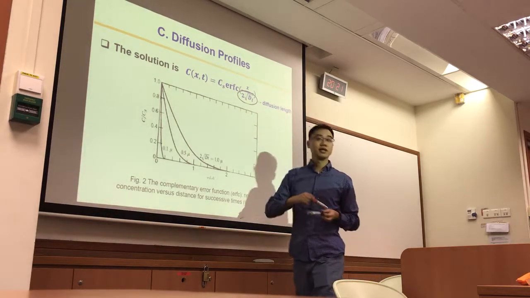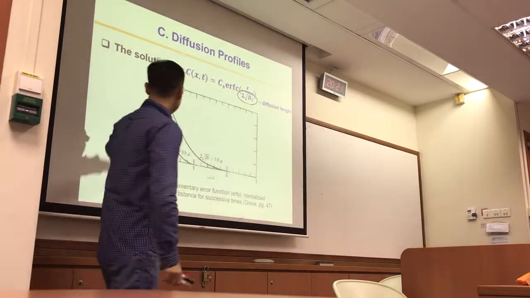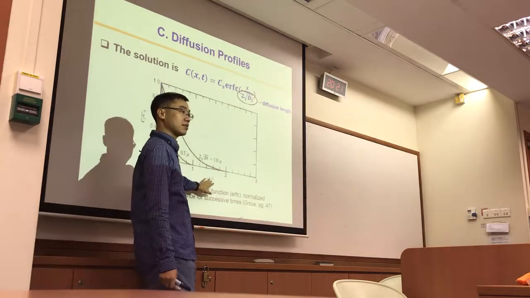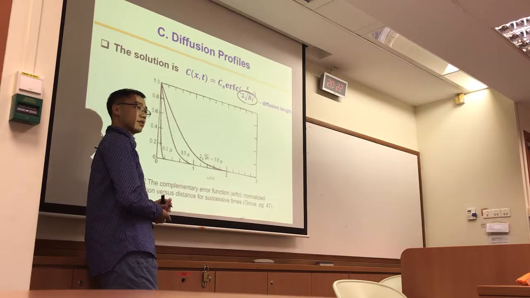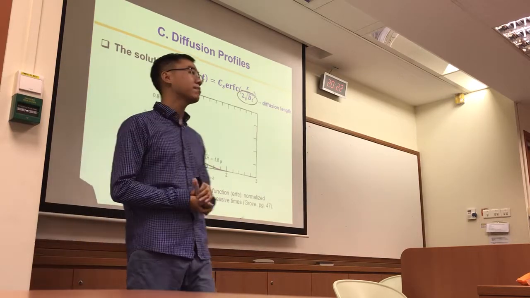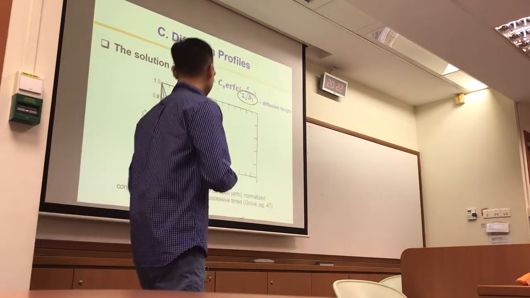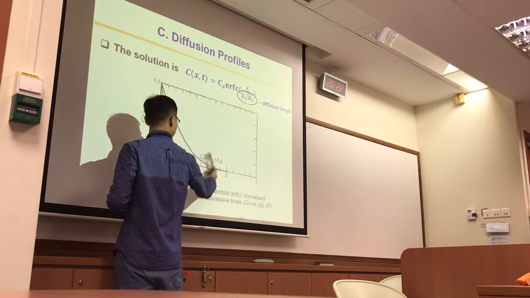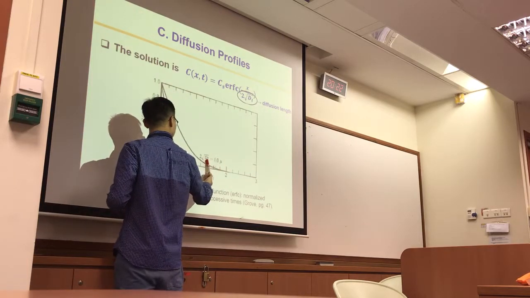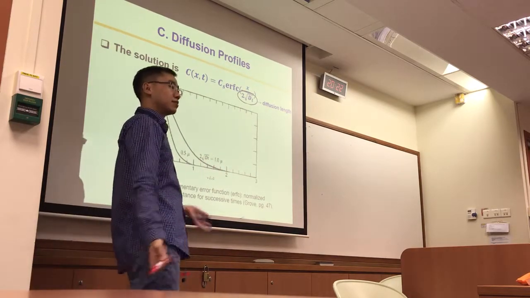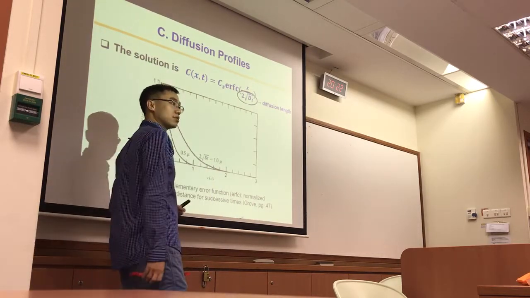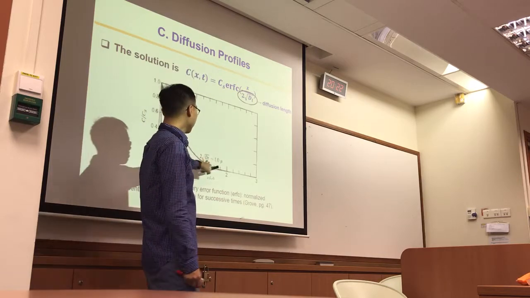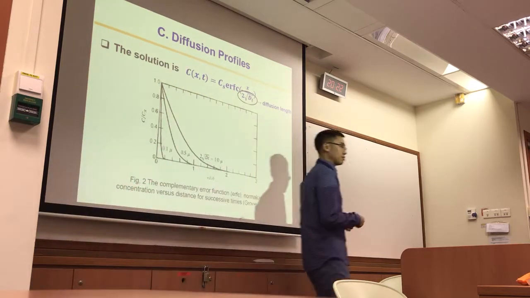This equation is the concentration as a function of depth, and you have to know what the diffusion length is, correct? From this equation, if I give you the temperature and material, D is already known. If I give you the time, you know what the diffusion length is, as I have told you.